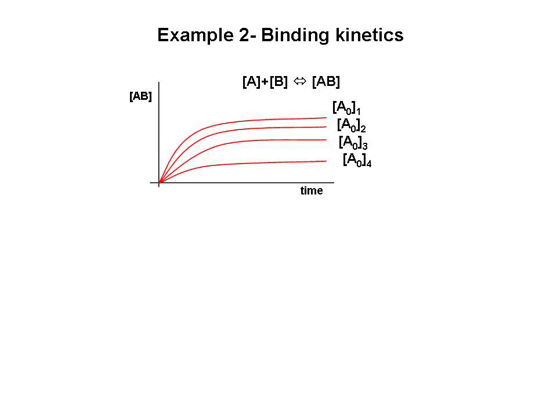If you start with a certain amount of B but a different concentration of A each time, the concentration of the AB complex will change over time, and it will equilibrate or stop at a certain concentration, as shown by the graphic.